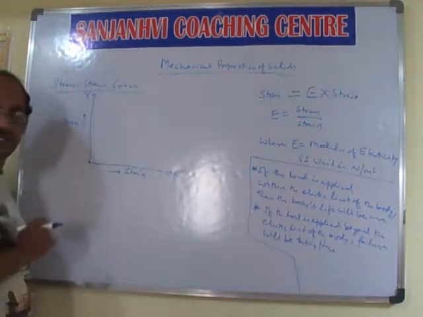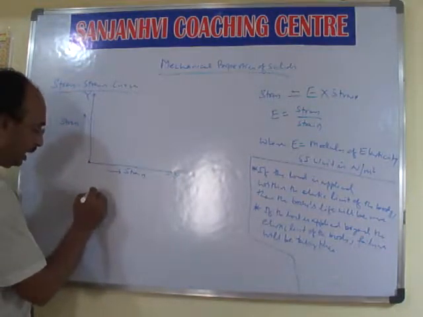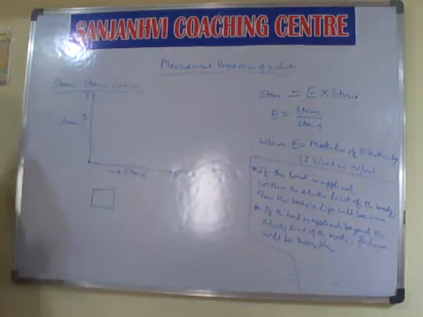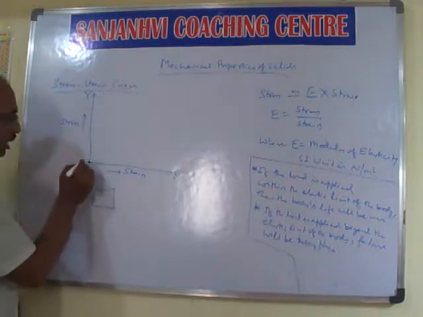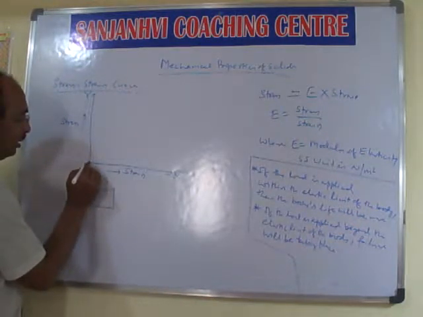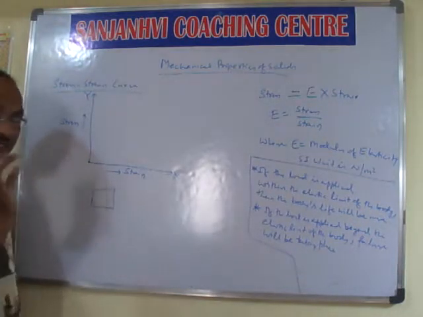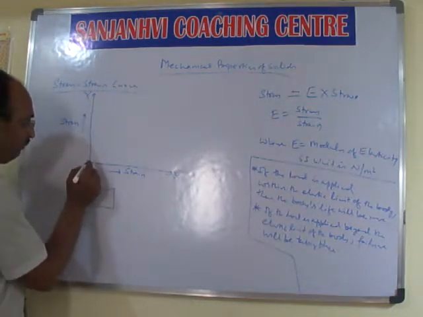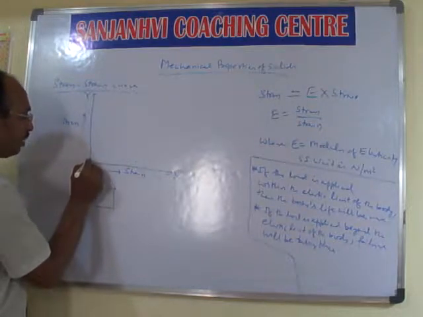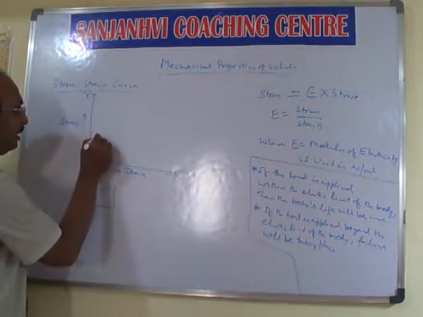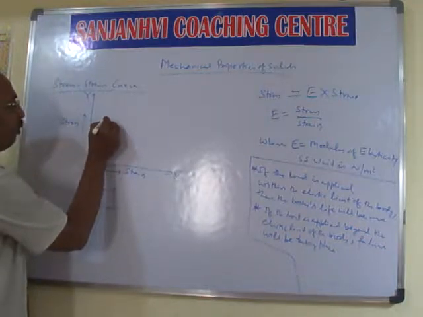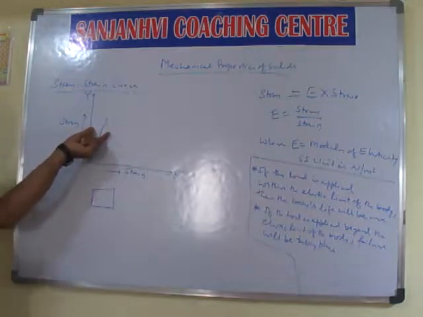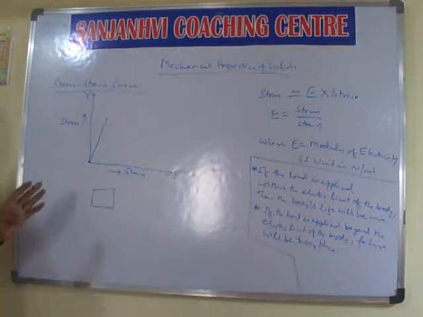Any material, any body, you have started applying load from 0 onwards. As we have told, within the elastic limit, stress is directly proportional to strain. So if you are increasing the load like this, at one particular point, suppose this is the elastic limit, this curve will be a straight line. Why?